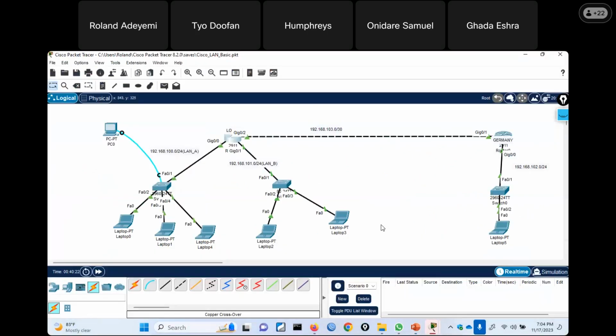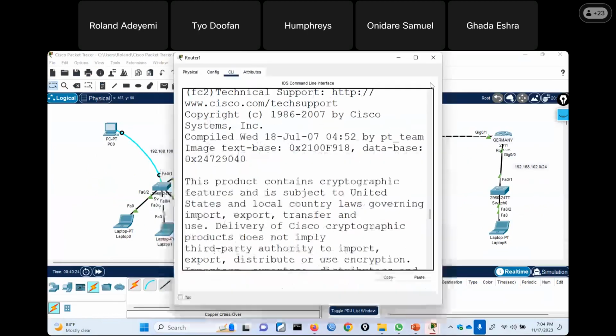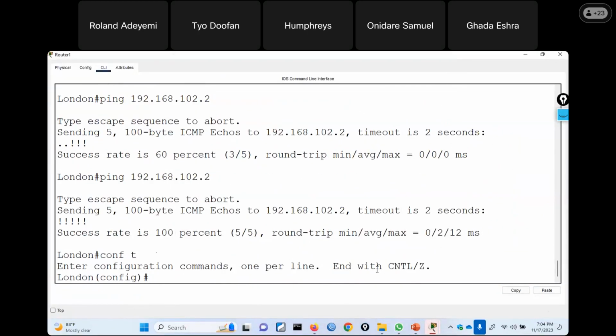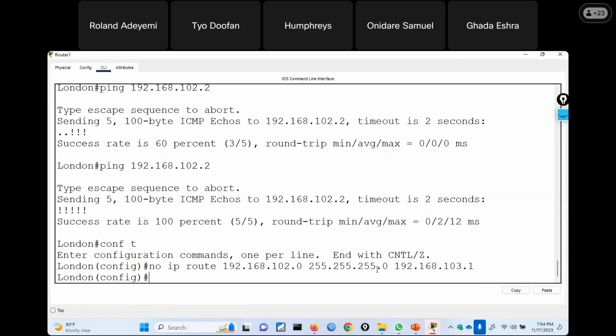Let's do that. So I'm going to get rid of the static routes that we did before. Then go to Germany router.